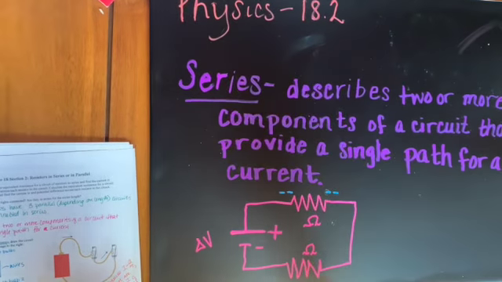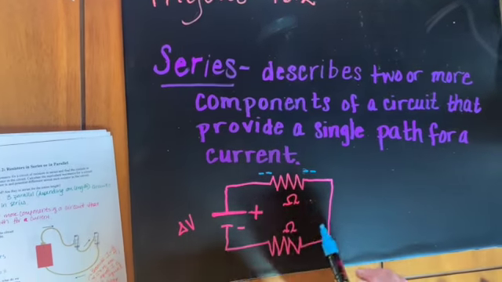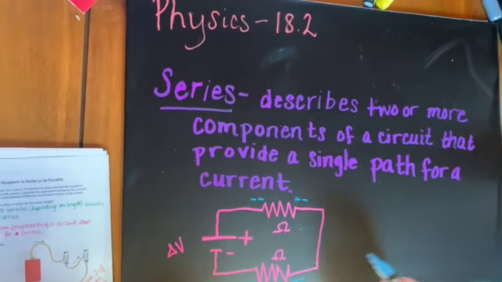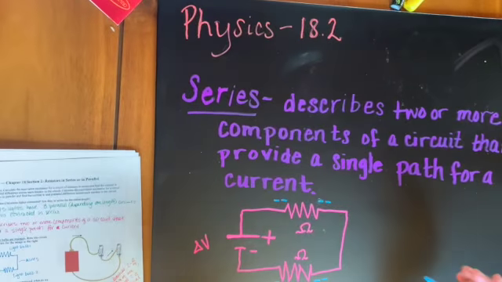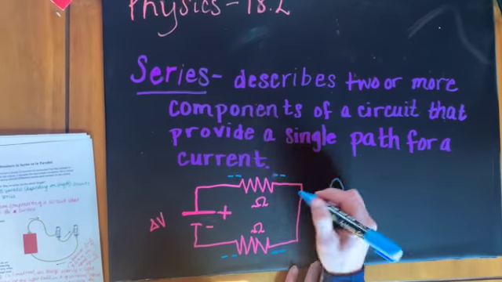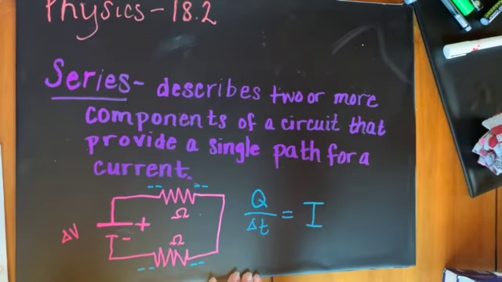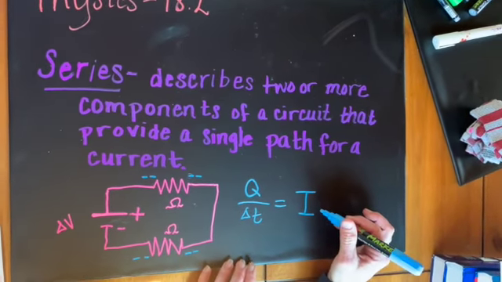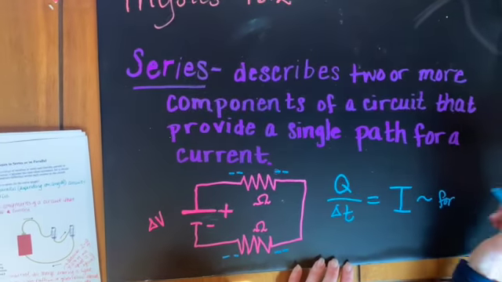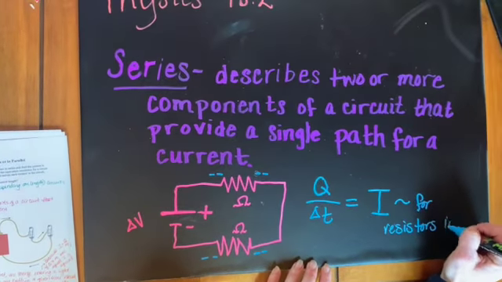Because there's only one pathway, the charge entering and exiting the first bulb equals the charge entering and exiting the second bulb. So you've got the same amount of charge entering and exiting each bulb in the same amount of time. So if charge is Q, and we know Q1 is equal to Q2, and our time interval is the same, we know that our current entering the entire circuit is the same. So I, for bulbs in series, for resistors in series, is constant.